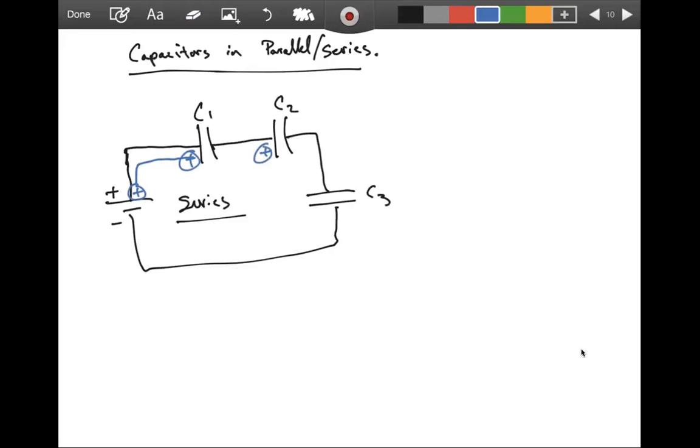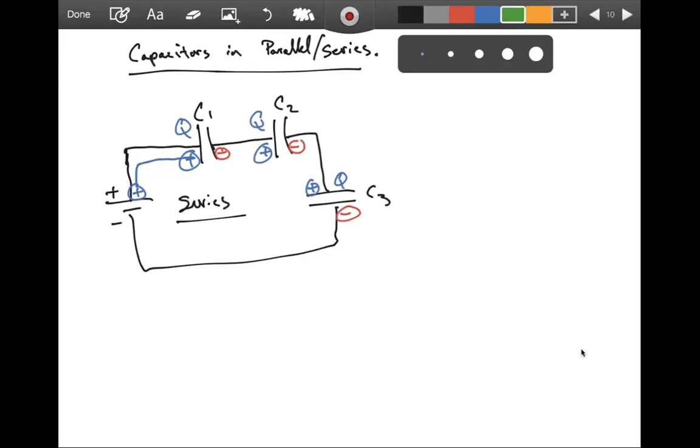That's going to kick off a positive charge from the other plate, again by Coulombic repulsion, but that then goes onto this plate, causing it to go back into the battery, which means that this will end up with a negative charge here, and then a negative charge here. So ultimately what that says is that the charge on this plate is exactly the same as on this plate, which is exactly the same as on this plate. So in series, the charge is the same.